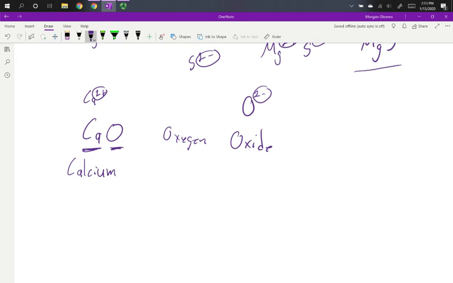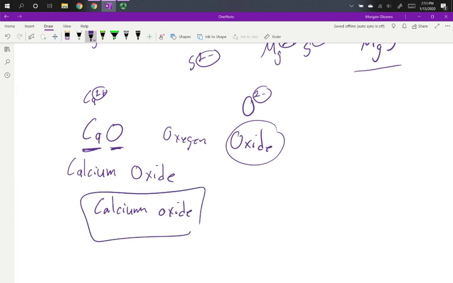And so the formula matches what I expect. The anion's name is oxide, so calcium oxide. And honestly, you don't need the capital, so just calcium oxide. And so if you have a formula, you can make the name. If you have the name, you can make the formula.